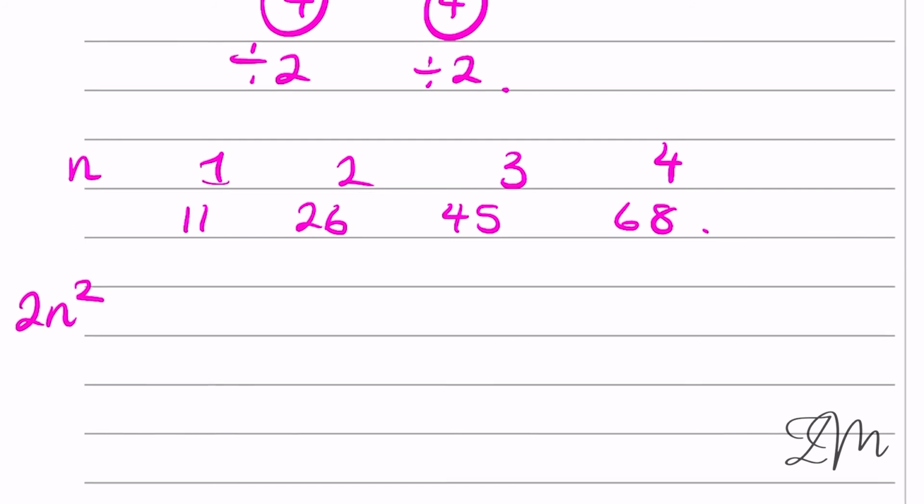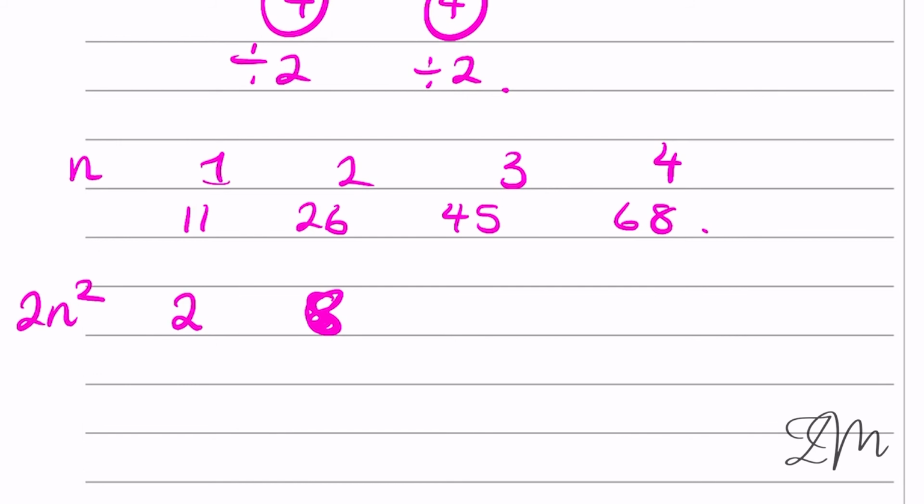So we fill in our 2n squared. 1 squared is 1 times 2 is 2. 2 squared is 4 times 2 is 8. 3 squared is 9 times 2 is 18. 4 squared is 16 times 2 is 32.